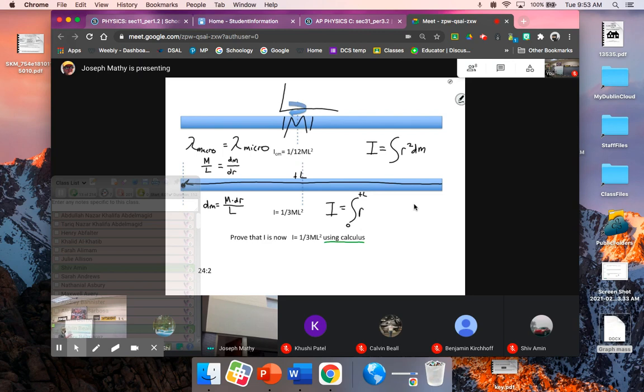So now we're R squared, and we substitute in ML. And then we've got this dR. And so let's pull the ML over to here.